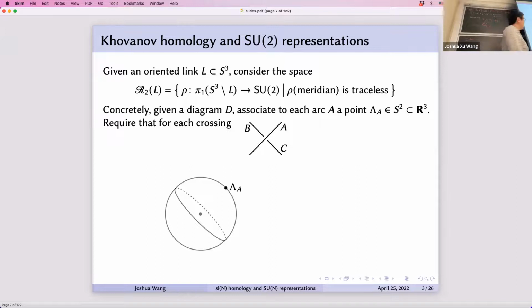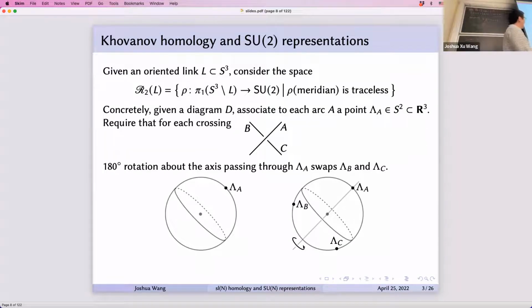And for every crossing that you see in the diagram, there are three arcs locally in that crossing, and each of those arcs has a point on the sphere. And what we require is that if you look at the point corresponding to the overstrand, then 180-degree rotation about the axis that goes through that point should swap the two points corresponding to the two understrands.